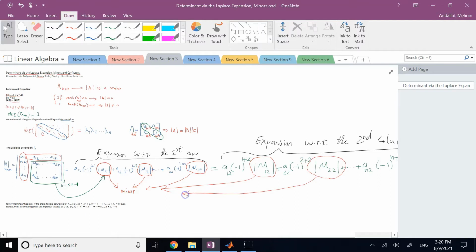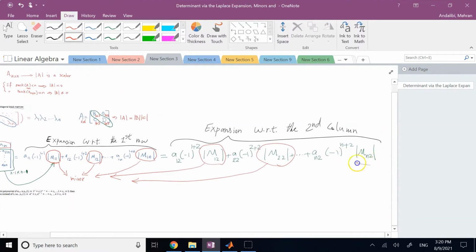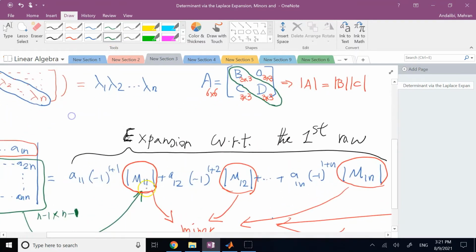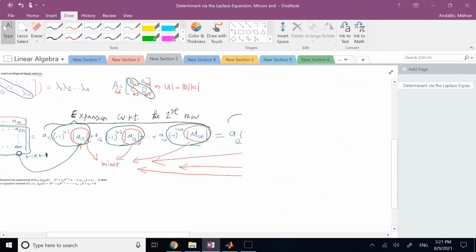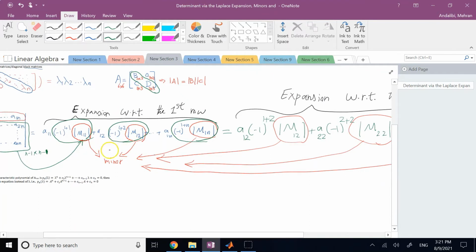Now, what is cofactor? Cofactor is when you multiply them by that -1 to the sum of the subscripts. So if somebody says, what is the, let's say, minor in here, you say this term, this whole thing here, here, here. These guys are what? These guys are, you might call cofactor. So if I want to write them down somewhere for you, these guys are called cofactor.